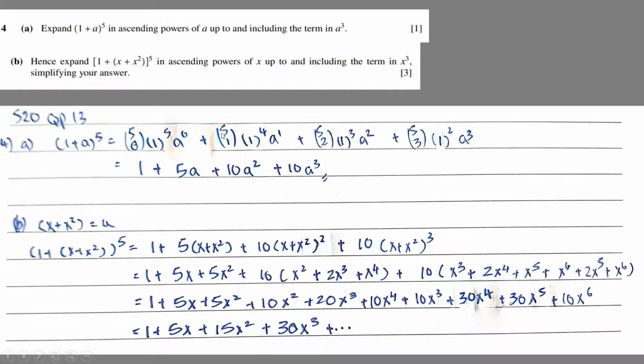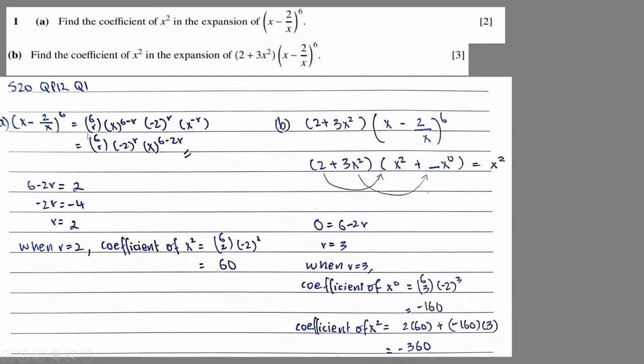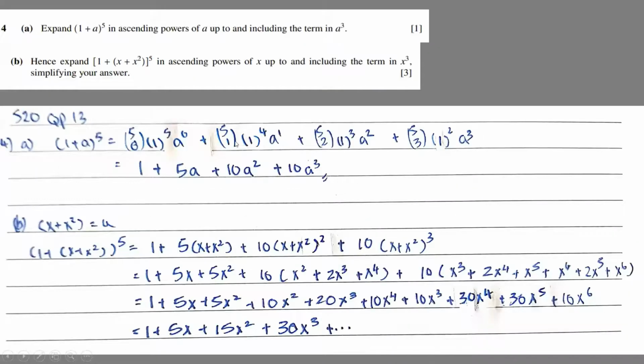And then it continues, 5 choose 1, 1 raised to the power 4, a raised to the power 1. 5 choose 2, 1 raised to the power 3, a raised to the power 2, and so on. It's basically the r formula expanded for each individual value. So in this case, r equals 0, r equals 1, r equals 2, r equals 3.